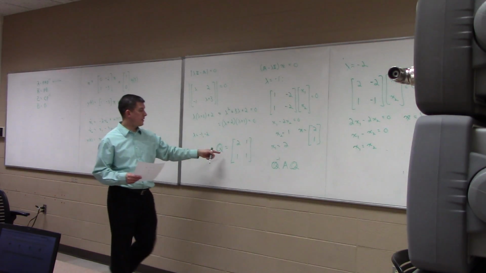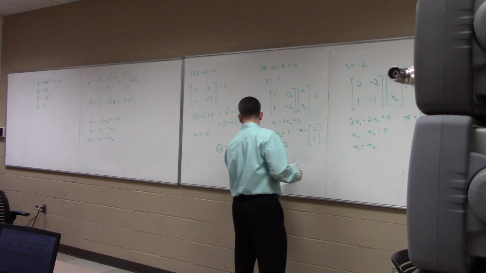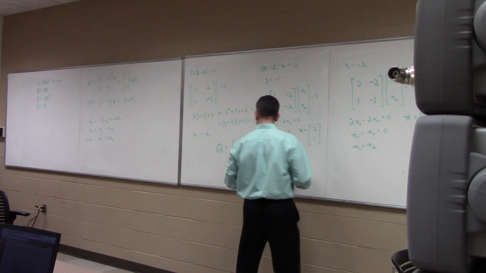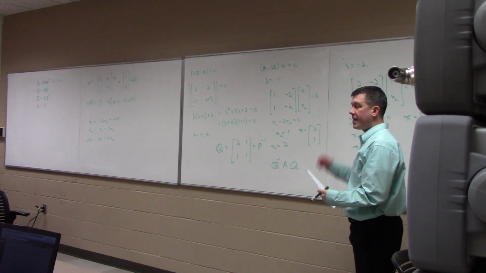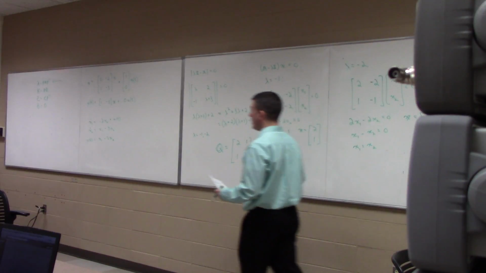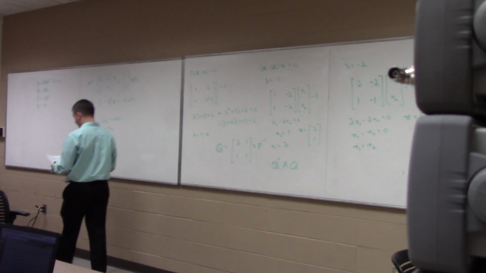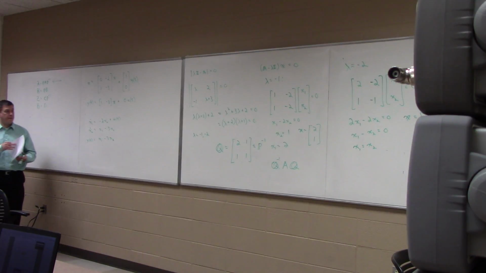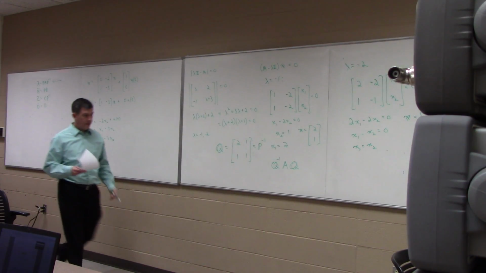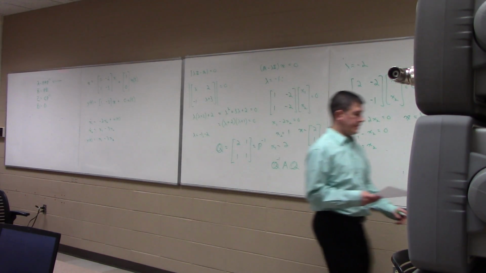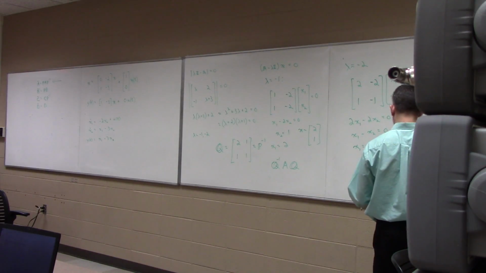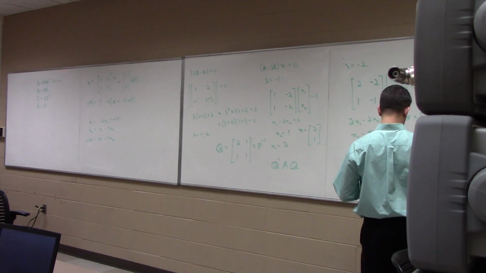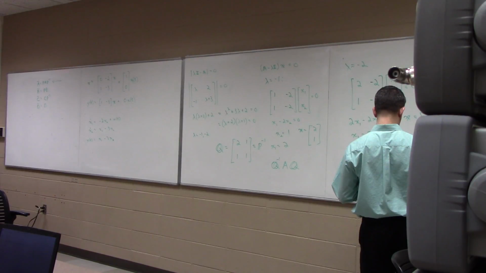So this is actually going to be P inverse. Okay, so my eigenvectors are P inverse. I can find P, and then I can diagonalize my system. I'll show you here in a second what that diagonalizes to.